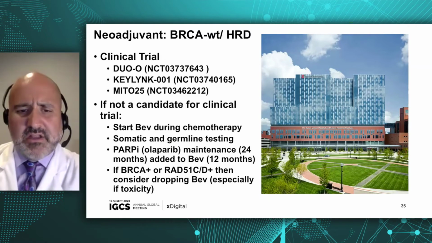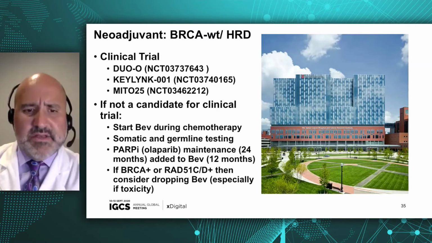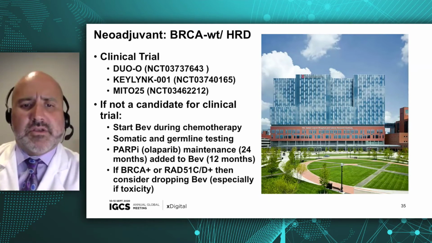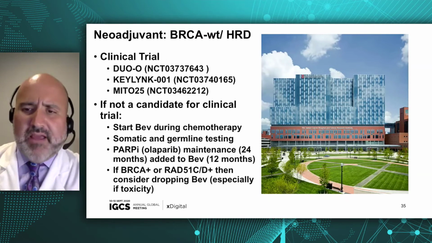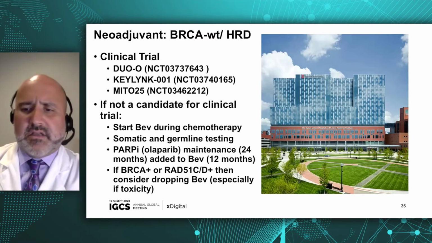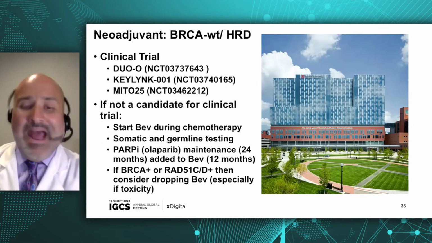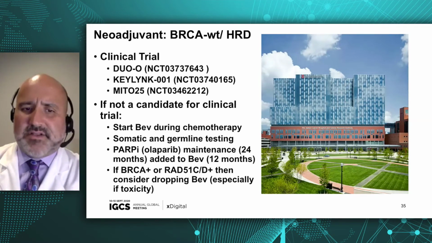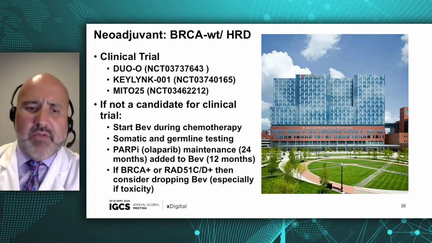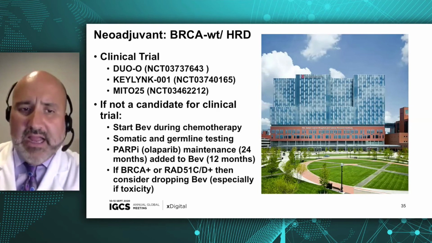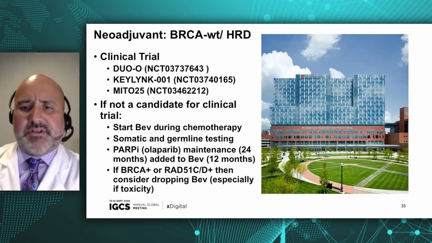If she wasn't a clinical trial candidate, she'd recently been diagnosed with breast cancer. We all see those patients. Well, I'm going to start, Bev, particularly with what her disease is looking like on the scan. That's quite an impressive scan with the mesenteric involvement. I'm going to get that somatic and germline testing right away. We don't play around with that. We get tissue sent off. At times, we're challenged with regards to the amount of tissue we can get on a core, and we may wait for interval tumor reductive surgery.